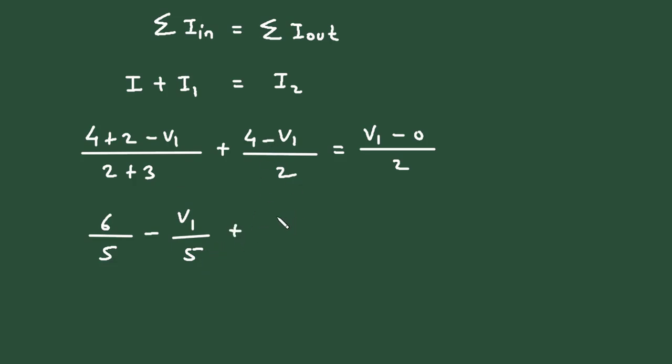Then plus 4 divided by 2 minus V1 divided by 2, is equal to V1 by 2.